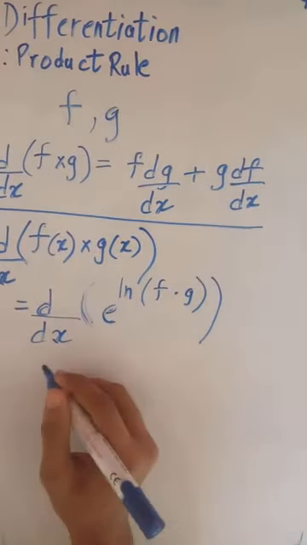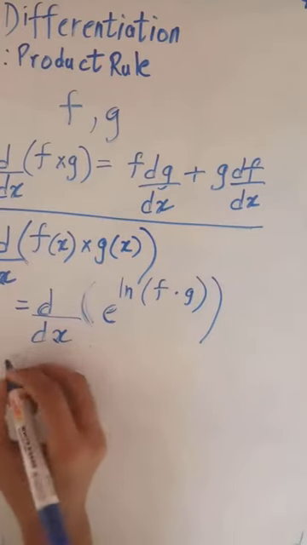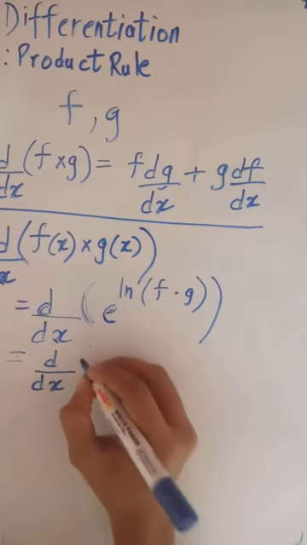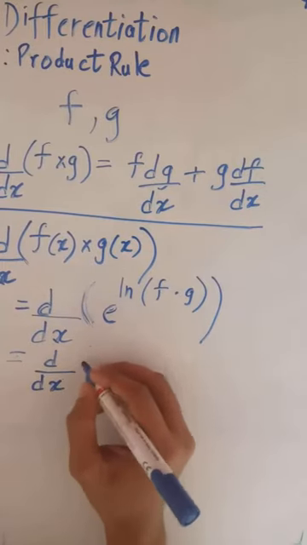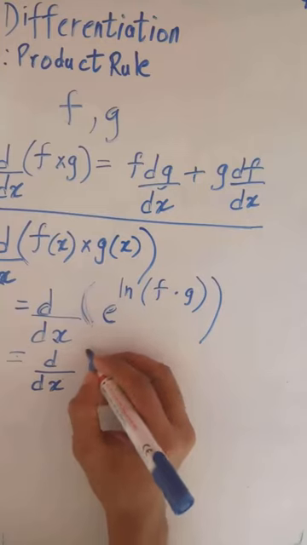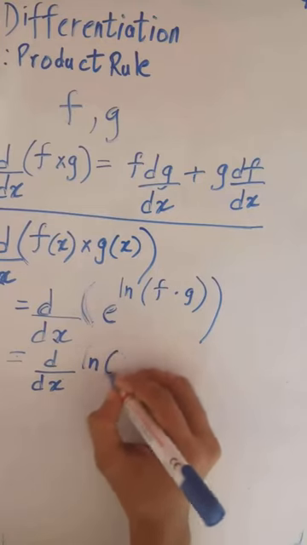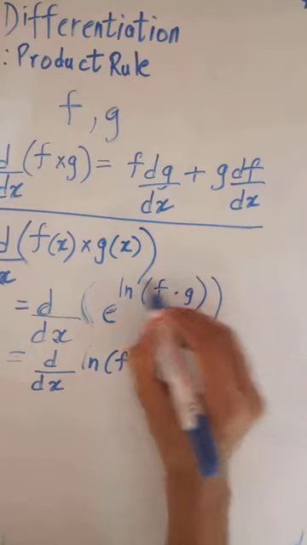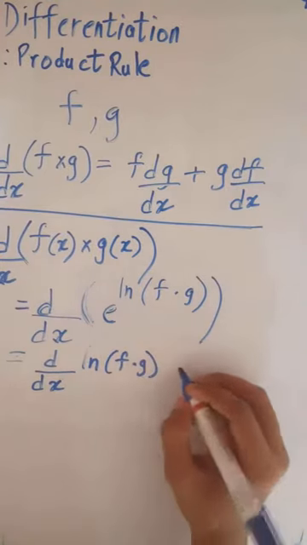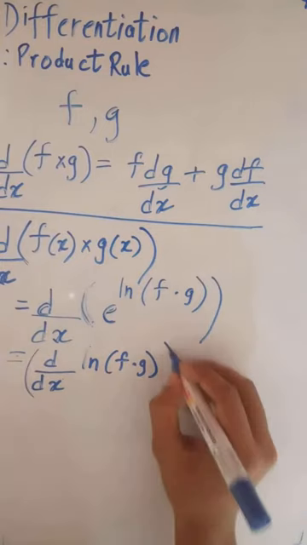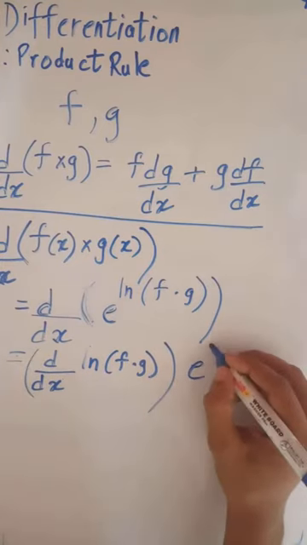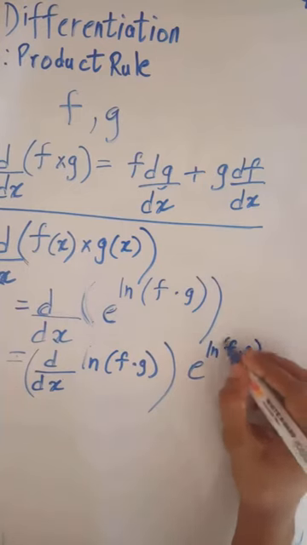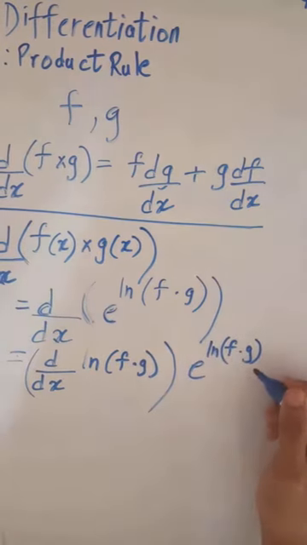Okay, so now I'm going to continue using the previous fact. I can rewrite this as the derivative of the natural log of f into g, since this would be the function k of x in this example, and this whole thing multiplied by simply the original function that we began with.